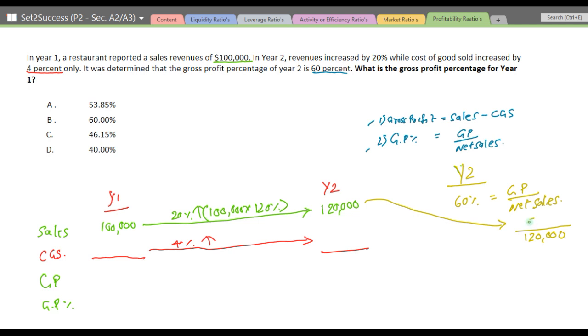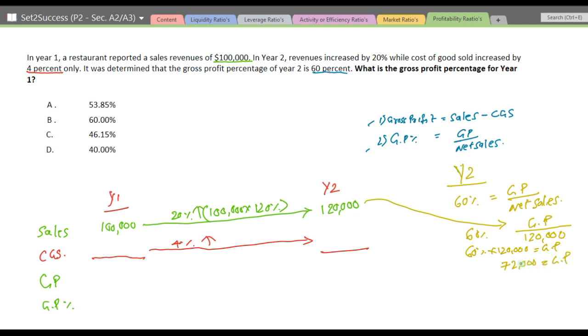GP we don't know, and GP percentage is given, which is 60%. Now 60% into 120,000 is your GP. So the GP comes to 72,000.